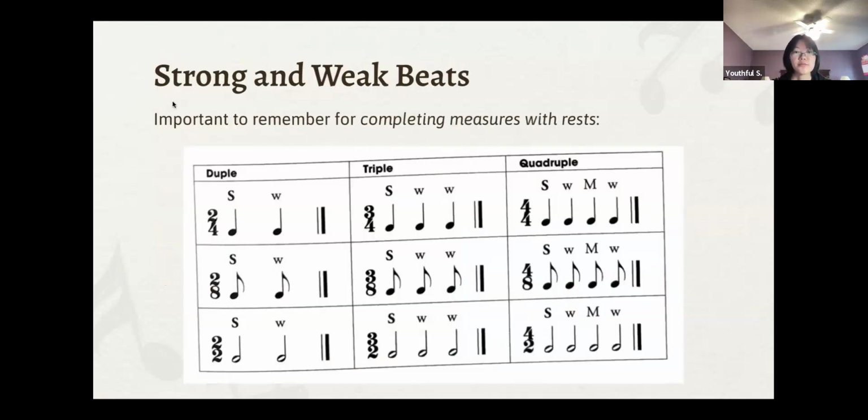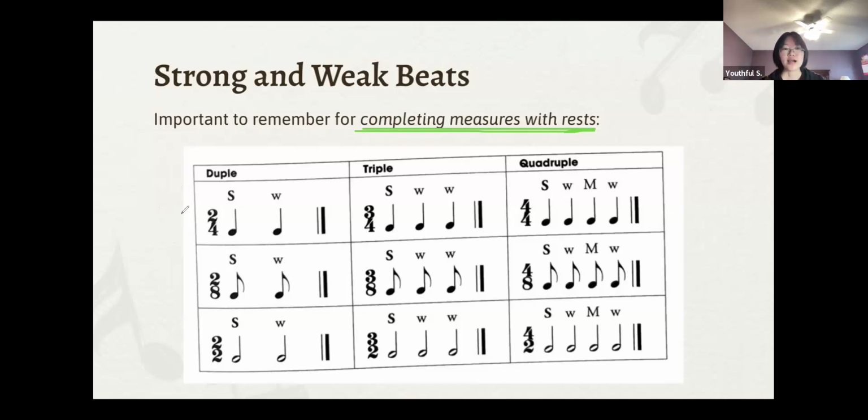Yeah, and then strong and weak beats. So this is really important for when you're completing measures with rests. Since there's so much to cover in rhythm, we'll be doing completing measures with rests next class. But basically you want to note this down and remember this because it's really important. Generally in music, we want there to be contrast, right?